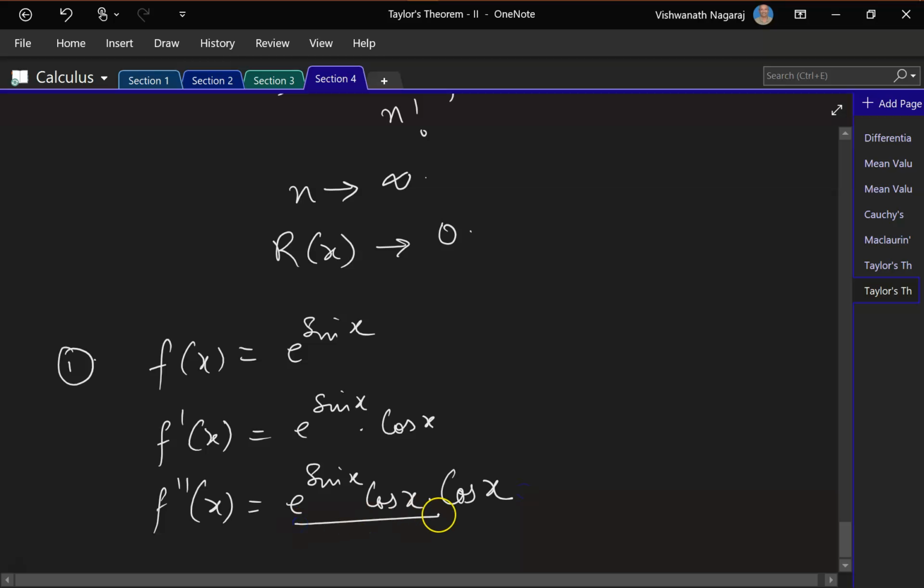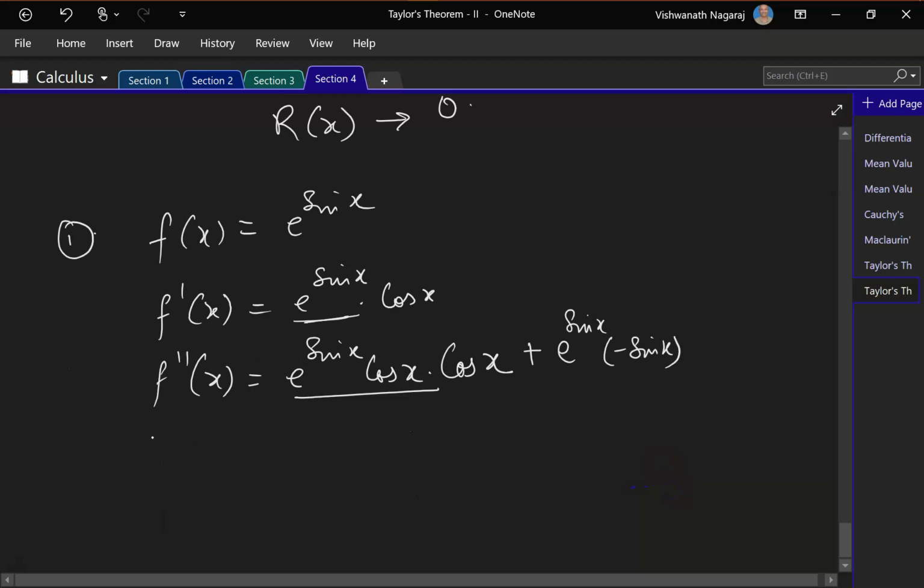So here this is the derivative of e to the power of sin x, and cos x is already there. I'll leave it as it is, chain rule. And now I leave the first term as it is and derive. So this is minus sin x. Okay, let's differentiate one more time.